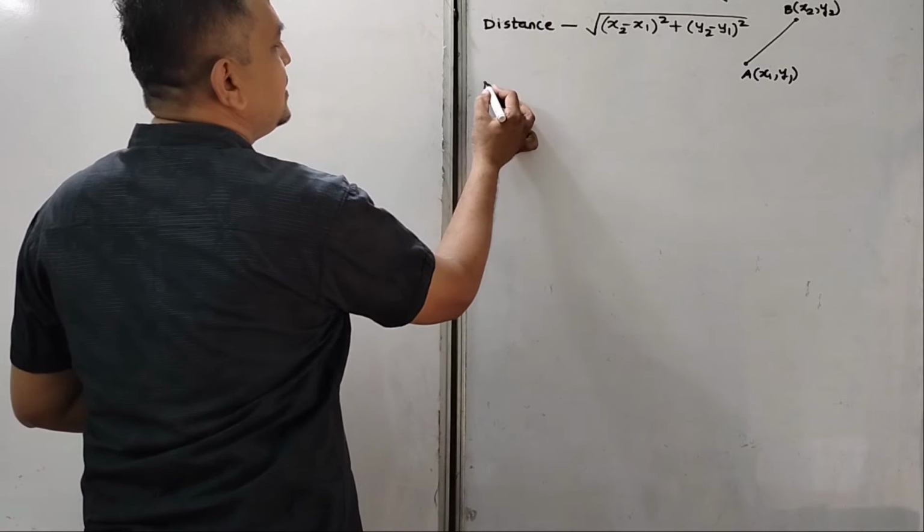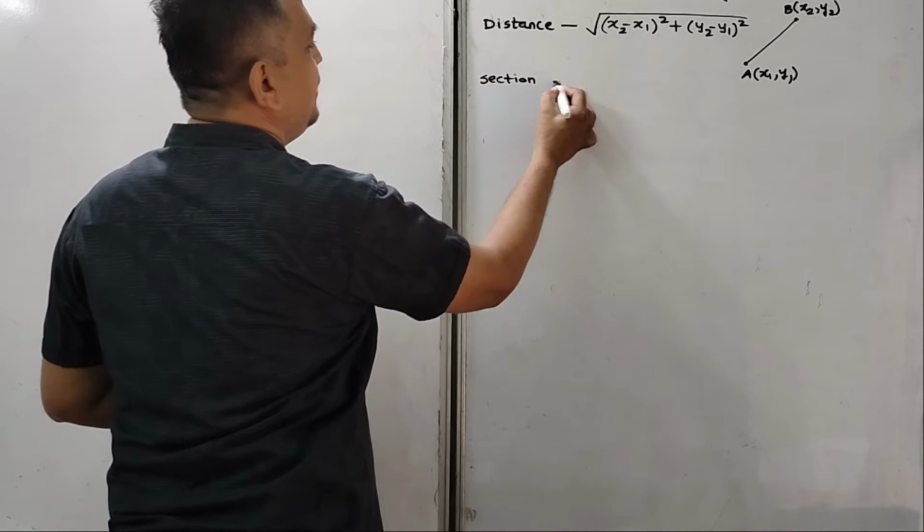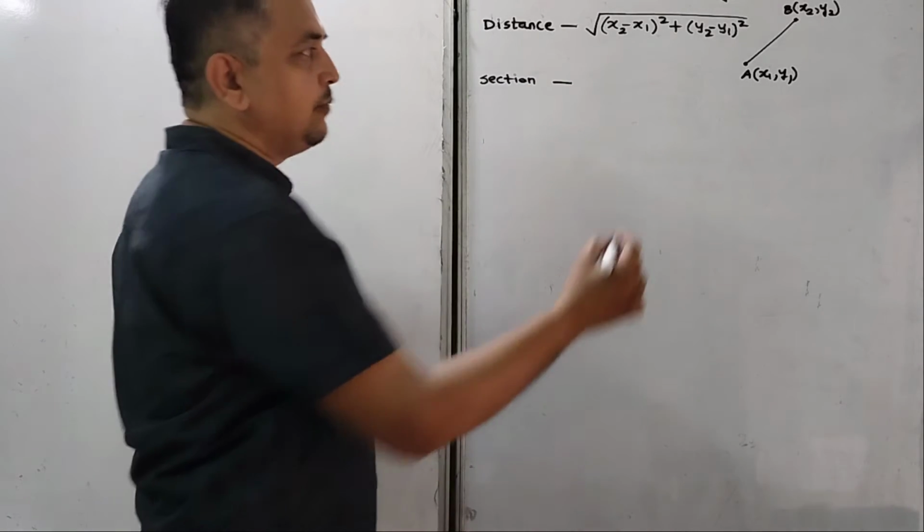The second one is section formula, which we also call as internal division formula. What is section formula?